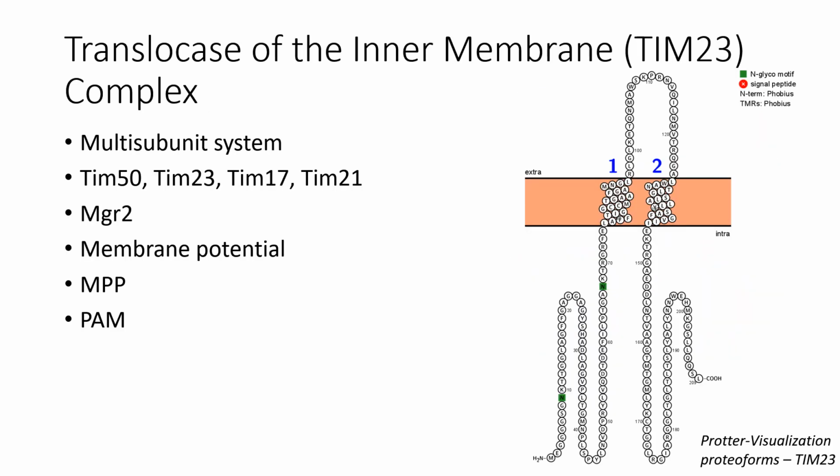After the preprotein is translocated through the TOM complex, it goes to the translocase of the inner membrane, the TIM23 complex, which consists of a multi-subunit system containing proteins TIM50, TIM23, and TIM21. This translocation happens in the intermembrane space, where the TOM complex and the TIM23 complex are connected through the TIM21 protein.